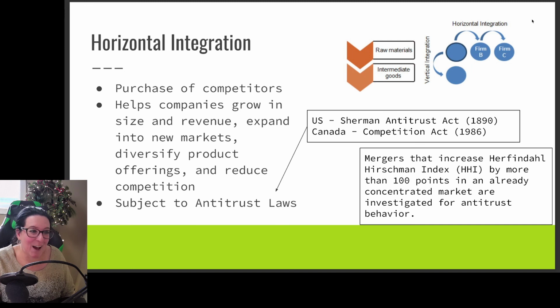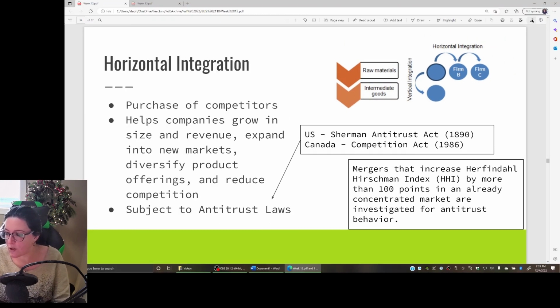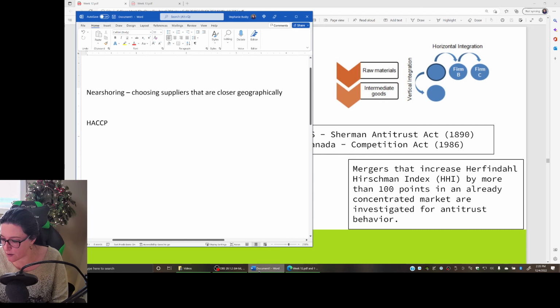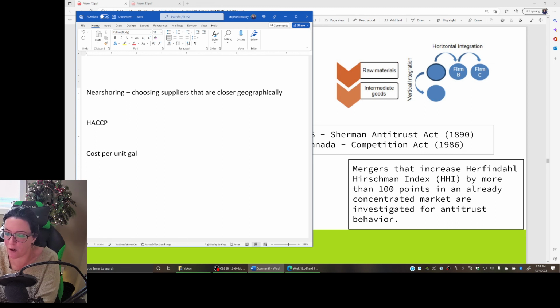Now, this can help in terms of our cost leadership because it allows us to be a bigger organization. And we talked about in previous videos, what do we call that? When you get bigger and bigger, so your cost per unit falls as your quantity increases.